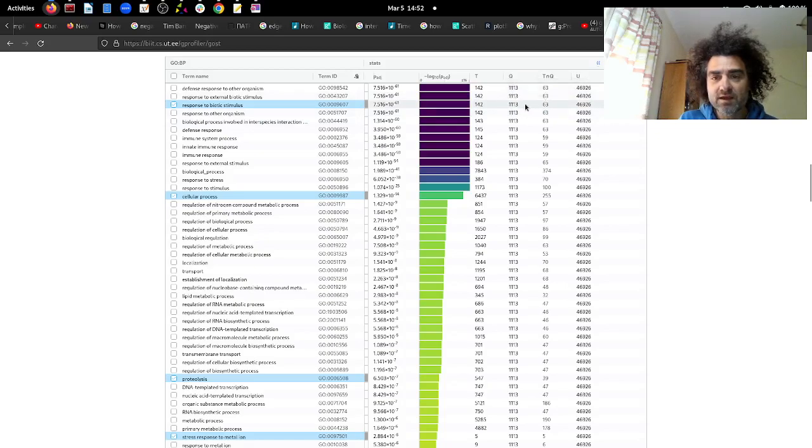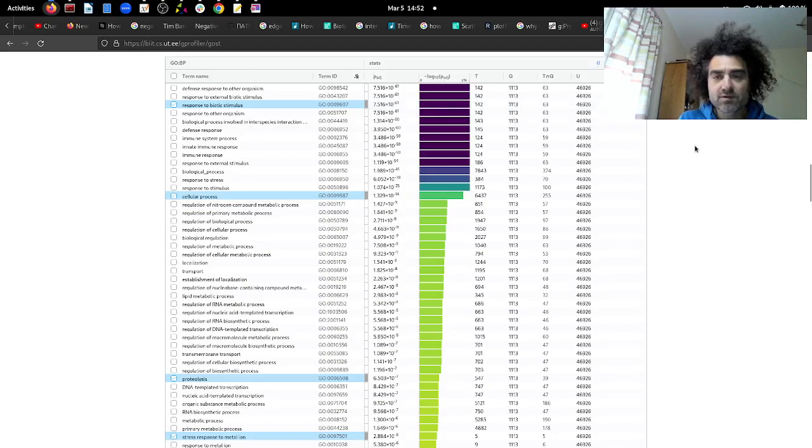This is something like more than 1 to 20 here, and here it is something like 1 to 30 or so. So there is overrepresentation of this term in my list, and this is reflected in the small p-value here.